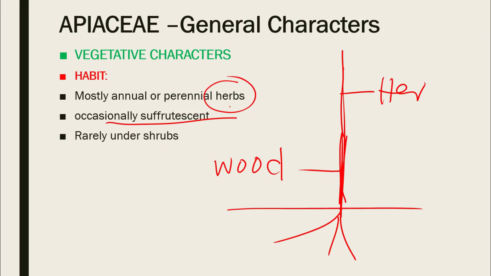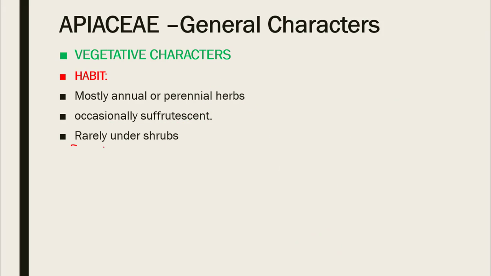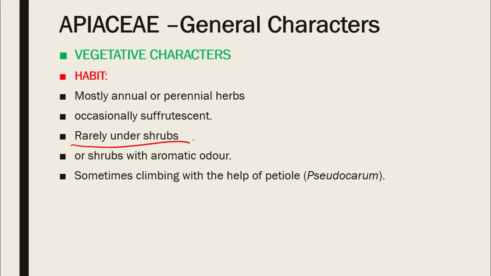So this is suffruticose. Rarely they are undershrubs, just smaller than shrubs, or shrubs, and they have an aromatic odor, a very foul smell, not a very good smell. However, as far as habit is concerned, there might be some climbing plants as well. So this was what we discussed in our previous video. It was just a recap, just to remind you.